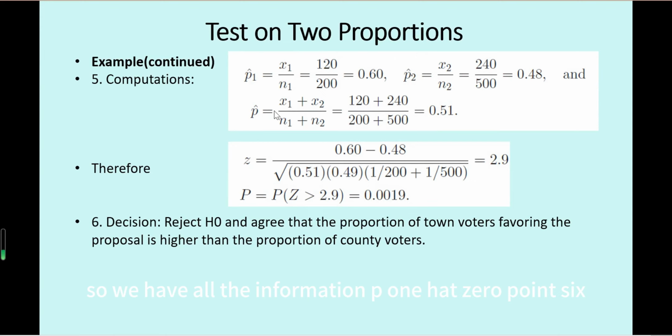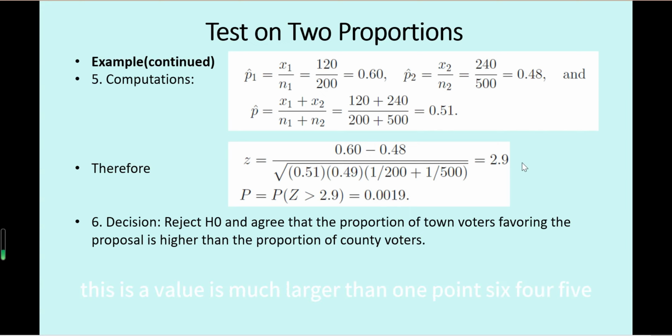So we have all the information. P1 hat is 0.6 and P2 hat is 0.48 and the pooled P is 0.51. Then we just fill in all these numbers in the formula for the Z statistic. We get a Z statistic of 2.9, and the p-value of a standard normal variable larger than 2.9 is 0.0019.